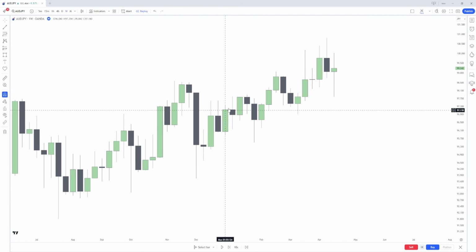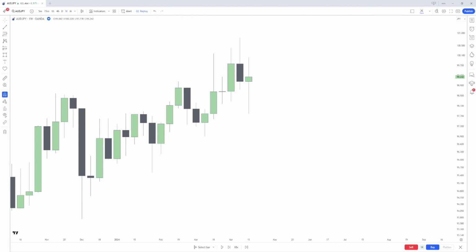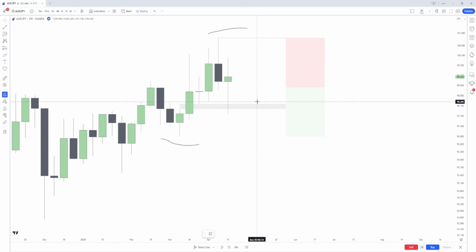Again, very clear weekly order flow. And what we can see here is a very clear weekly fair value gap. This acts as our internal, and this range, like I said, showing you earlier, marking the most recent swing high to swing low, that's our most recent price range. So this is our internal, and we're looking for a move to external.